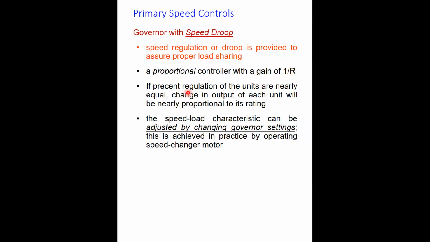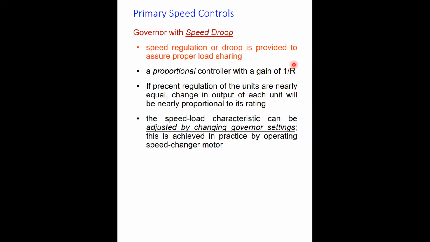It refers to percentage regulation for the generating units to be equal, and that is the change in the output power for each unit. This should be proportional to the rating. So the regulation that we apply for each of the generating units to achieve the change in the output power will depend upon its rating.